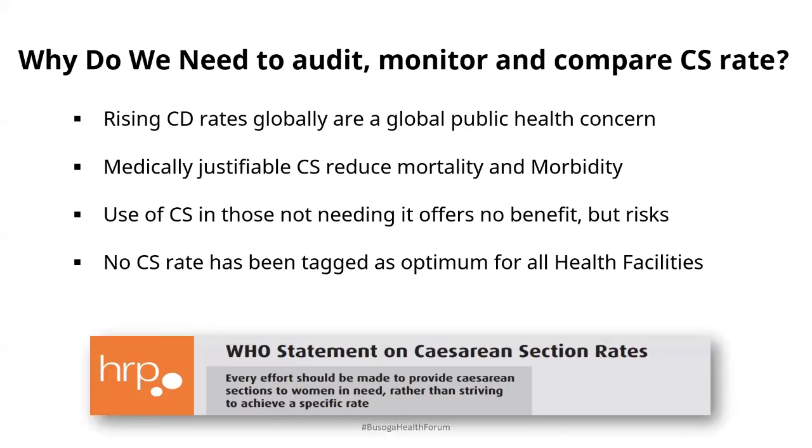And that's when the WHO comes in and says all effort should be made to provide cesarean section to mothers in need, rather than actually striving to achieve a specific rate. So that gives us the need to actually understand the cesarean delivery rates per facility.